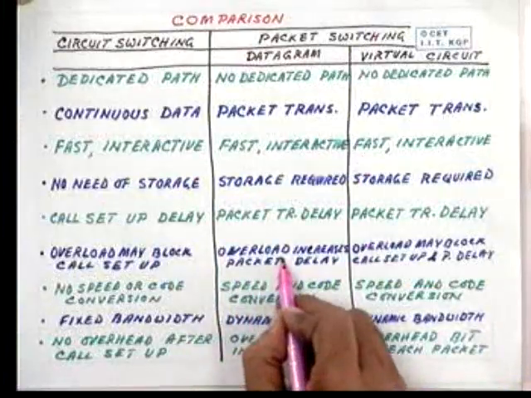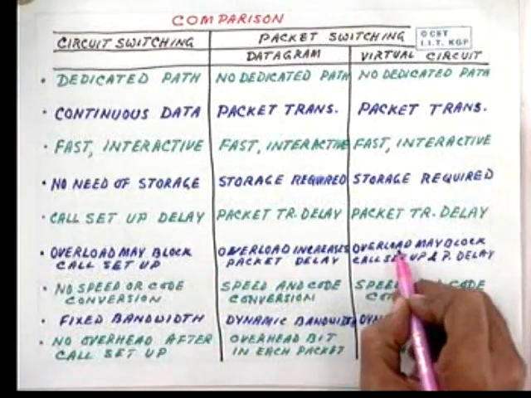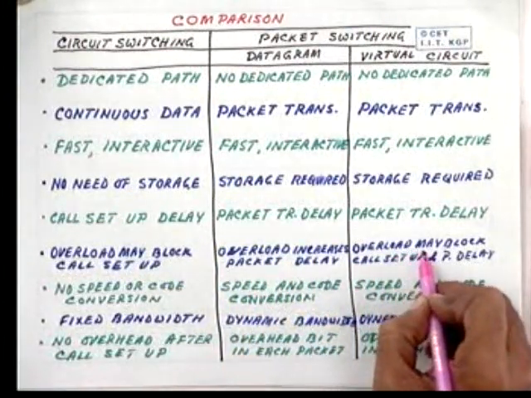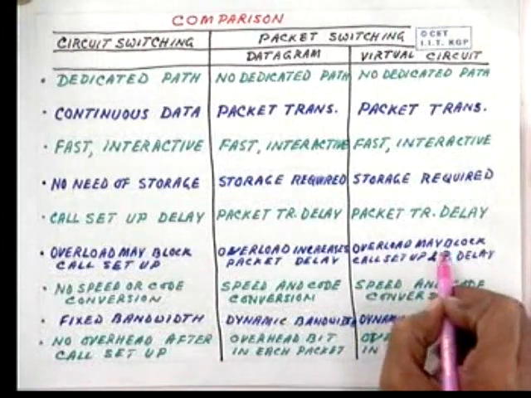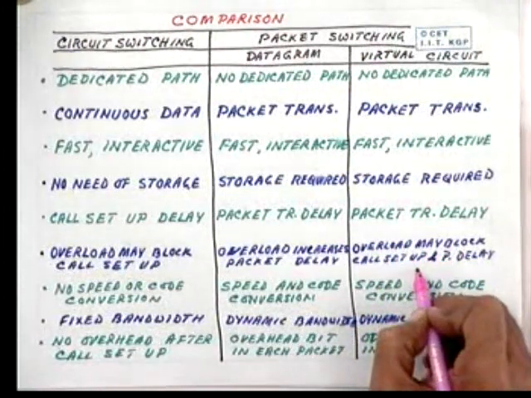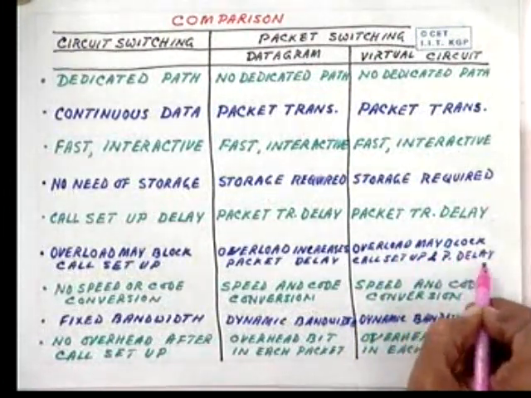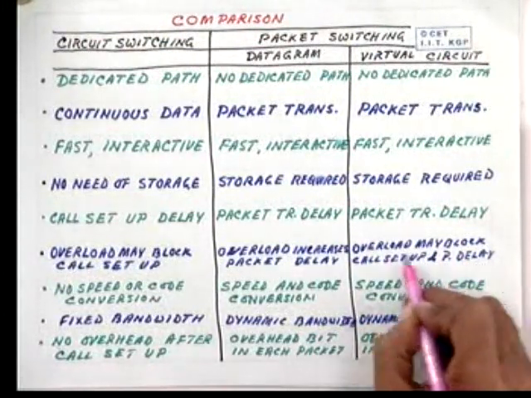The only problem that can arise here is that the packets can be sent, but there will be some delay, and the delay will increase as the load increases. On the other hand, in virtual circuit type packet switching, overload may block the call setup, and it can also cause variable packet delay as the load increases.